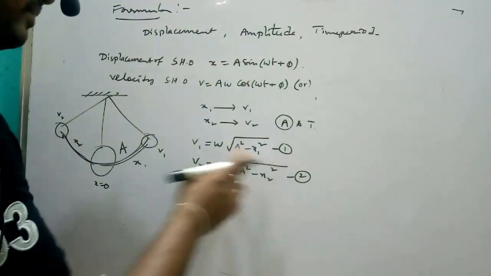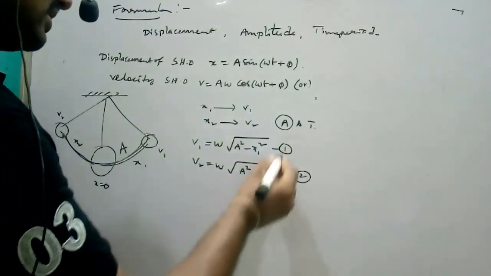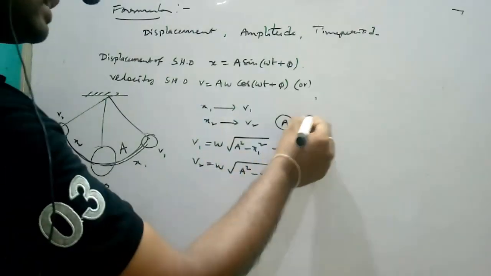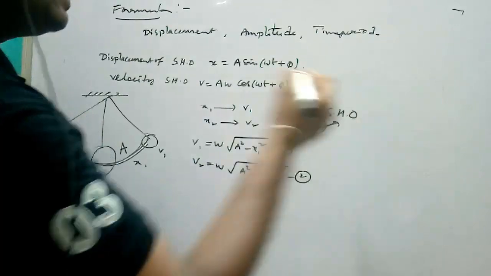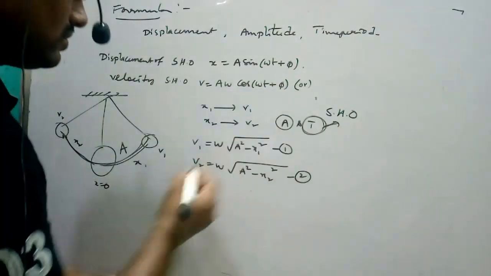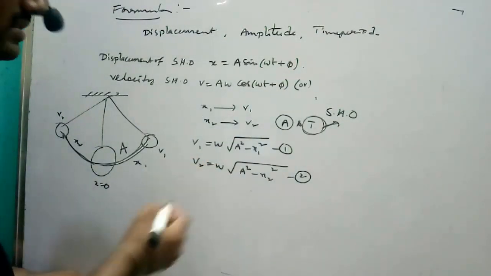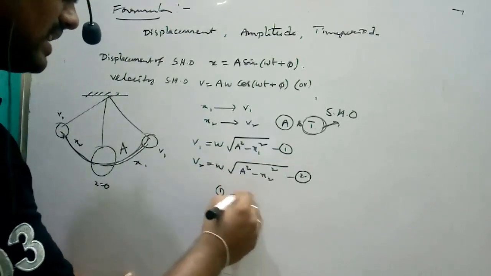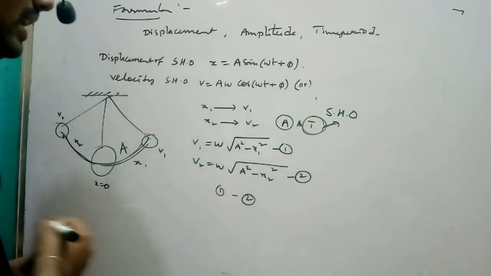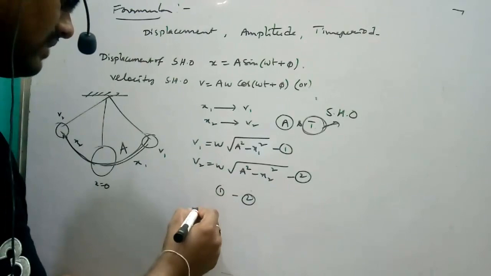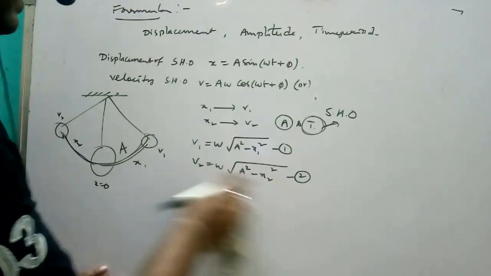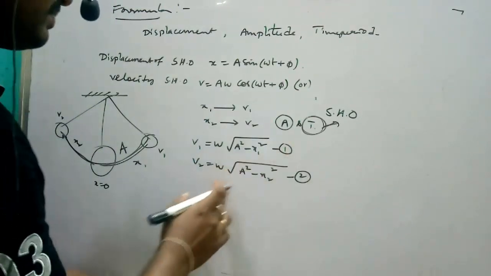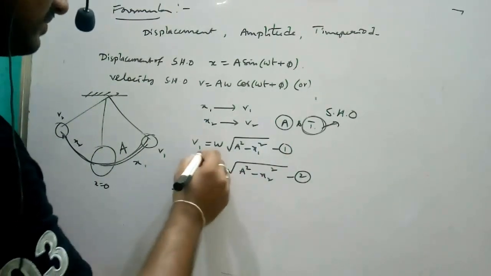Next, we do subtracting these two equations. Now we have to calculate the time period of the simple harmonic oscillator. So subtracting these two equations, equation 1 minus equation 2. First of all squaring them, then subtracting.